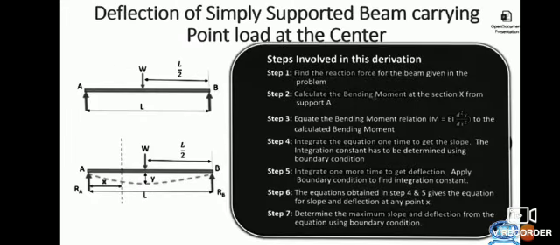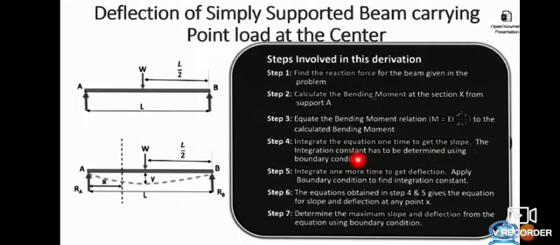So we follow 7 steps in the double integration method. Step 1, find the reaction forces for the beam given in the problem. Step 2, calculate the bending moment at the section X from the support A. Step 3, equate the bending moment relation M equal to EI d square y by dx square to the calculated bending moment. Step 4, integrate the equation one time to get the slope.